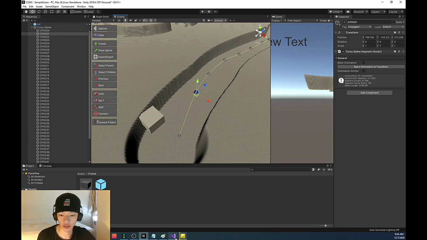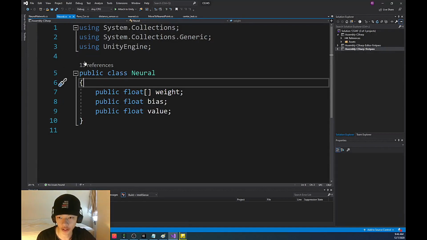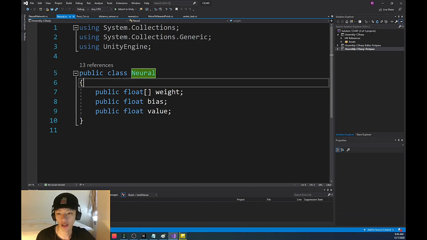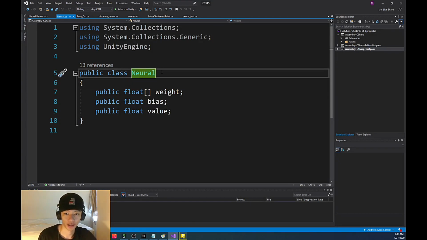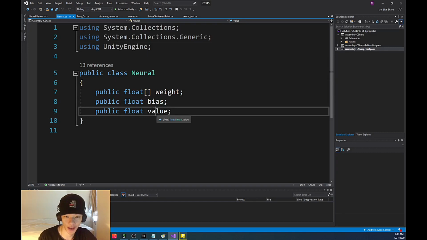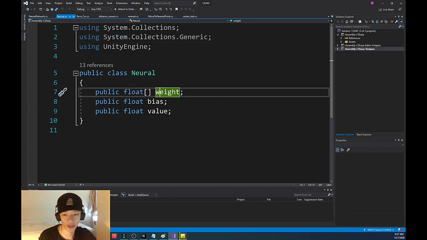Then is the neural network part. Because I found C# couldn't call Python's NumPy package, I had to write a neural network on my own. Here I create a class called neurals, including three pieces of information: the weight array, the bias, and the value. The bias is the bias you think about, and the weight array includes all the weight information between these neurals and the last layer.